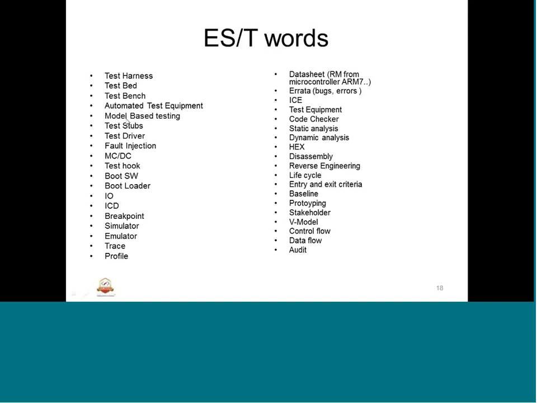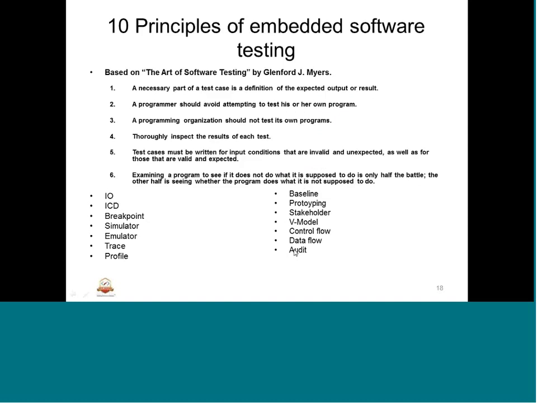Test harness, test bed, test bench, ATE, model based testing, test steps, driver, fault injection, MCDC, test hook, boot software, bootloader, input output, ICD, breakpoints, emulator, trace, profile, datasheet, errata, ICE, in-circuit emulator, test equipment, code checker, static analytics, dynamic analytics, disassembly, reverse engineering. We have life cycle, entry and exit criteria, baseline, prototyping, stakeholder, V model, control flow, data flow, audit.